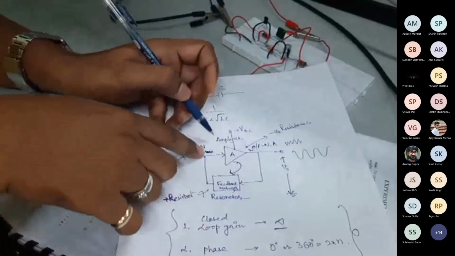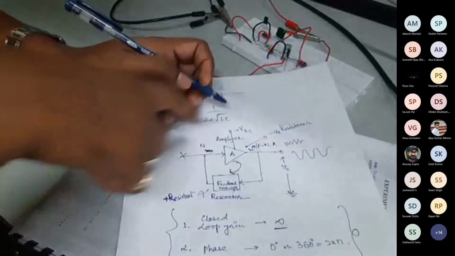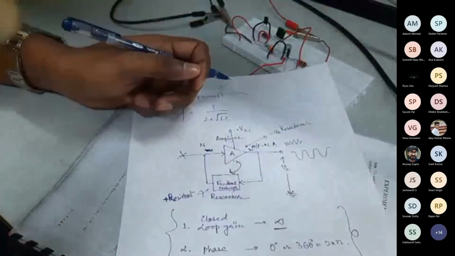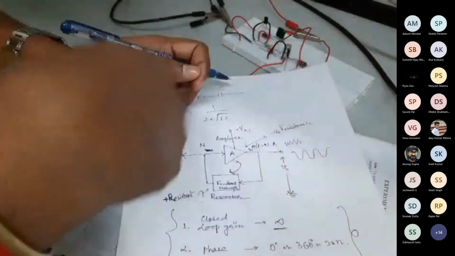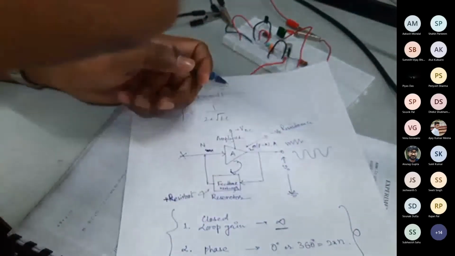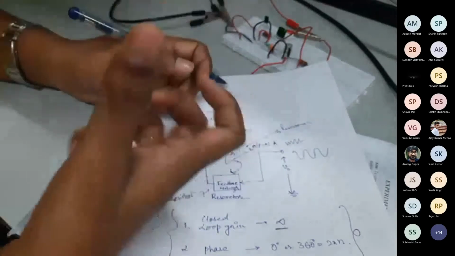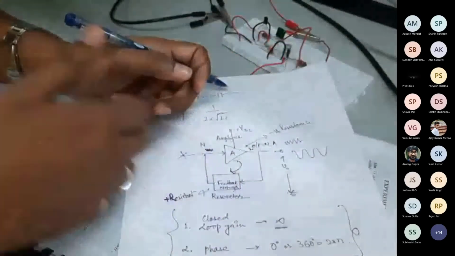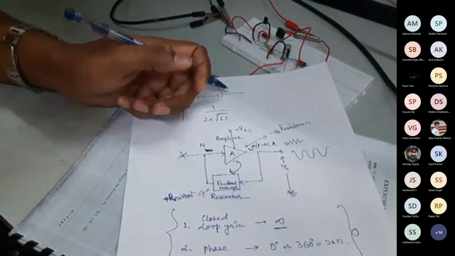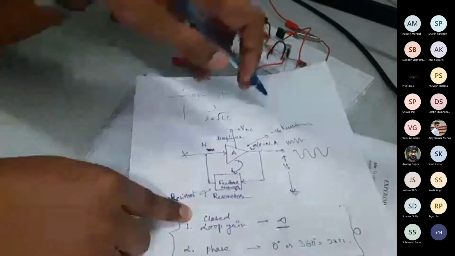Again, it will sum up with the noise, and in every cycle the amplitude of that particular frequency signal will build up, and oscillation will start. And this is happening very fast.